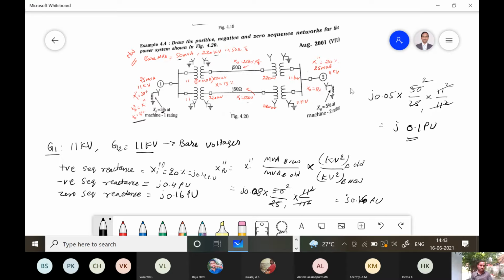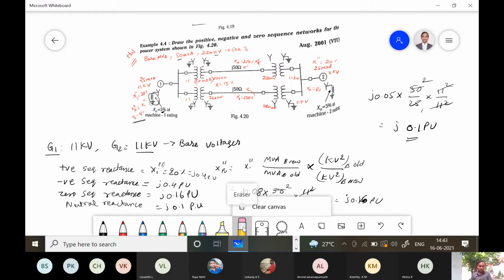So this is the neutral reactance, j0.1 per unit. Is it clear? Now we need to go for the transformer. I will erase the board.